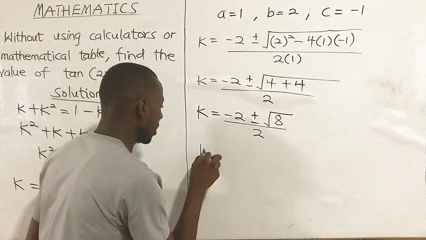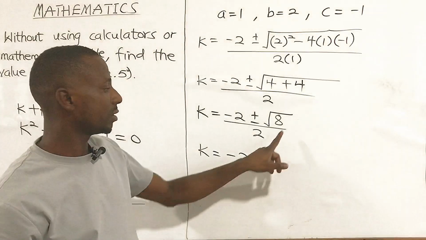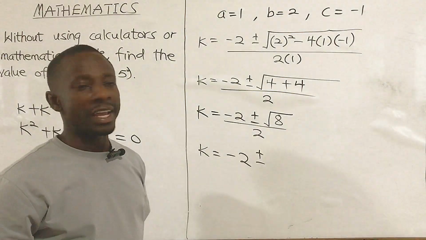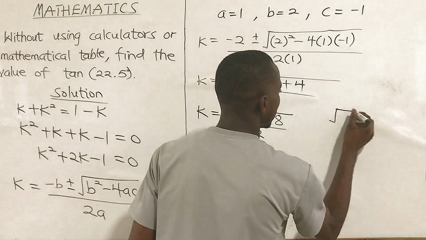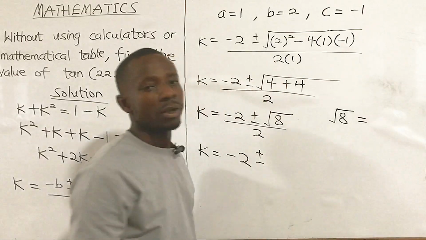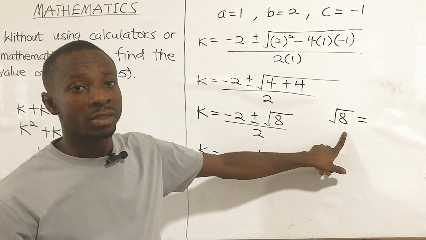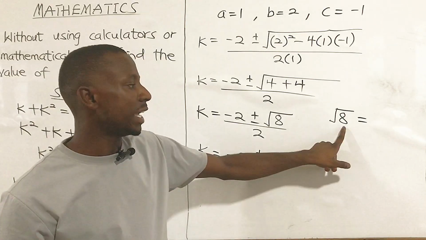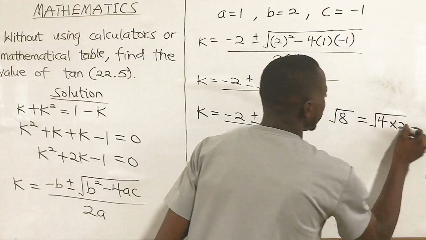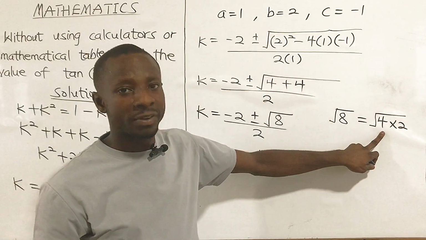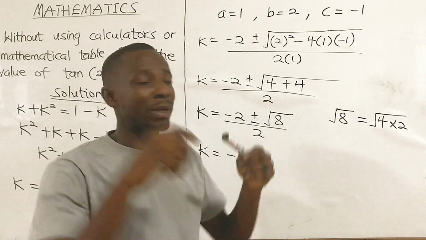From here we have k is equal to negative 2 plus or minus root 8. And root 8, if we want to simplify root 8, we need to get one perfect square and then one prime number, for which when I multiply the two, it will give me 8. And that is 4 times 2. So 4 is a perfect square number, 2 is a prime number. Because they are multiplying, I can split.